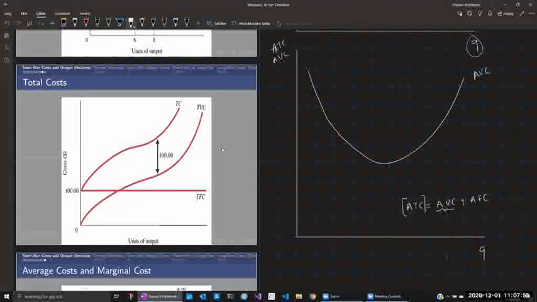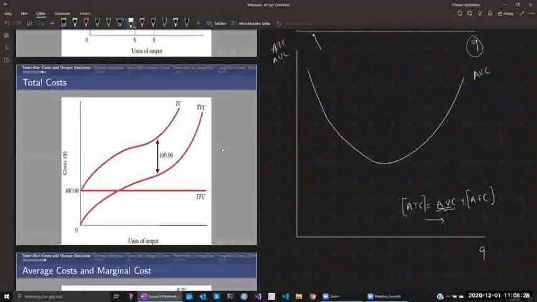And how is it affected by average fixed cost? I know that the level of average fixed cost is ever decreasing, and it approaches zero as I produce more and more. So since the average total cost is the sum of average variable cost plus average fixed cost, the average total cost is given by average variable cost plus some average fixed cost.